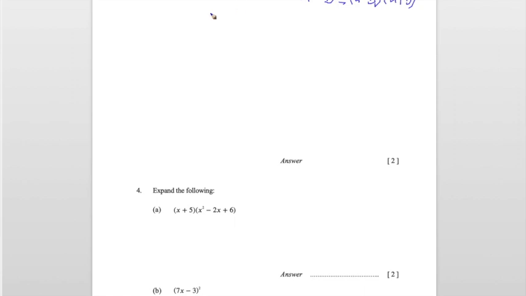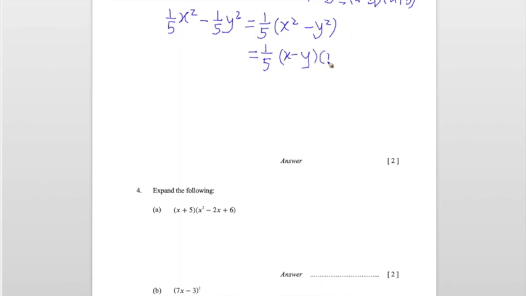And that is how we solve this, by taking out the common factor. We have 1/5 times x squared minus y squared, and that gives us x minus y times x plus y, which we are given the values, so we substitute in.